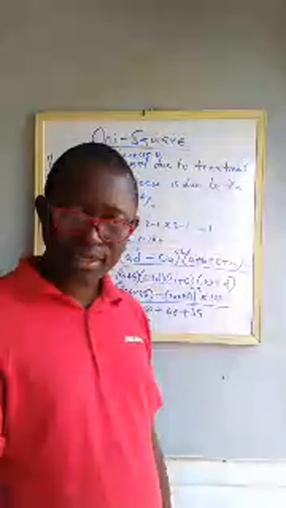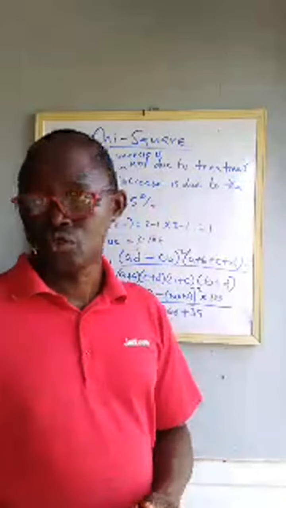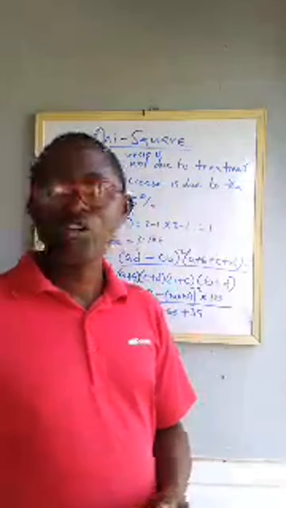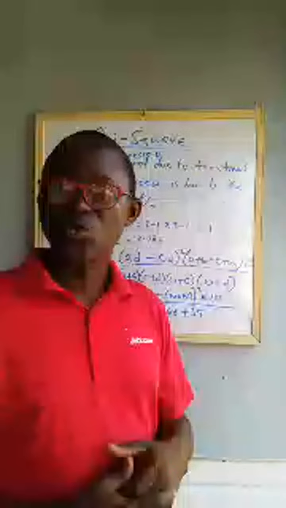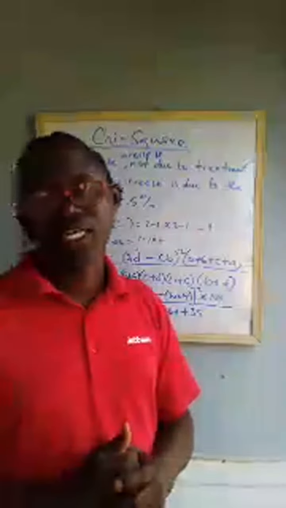You choose a particular test statistic that is applicable to the set of data that you have, carry out the statistical analysis, and draw a conclusion based on the standard table of values, compared to what you have calculated. Whatever you have in the standard table of values will help you make a conclusion on the set of data that you have tested.